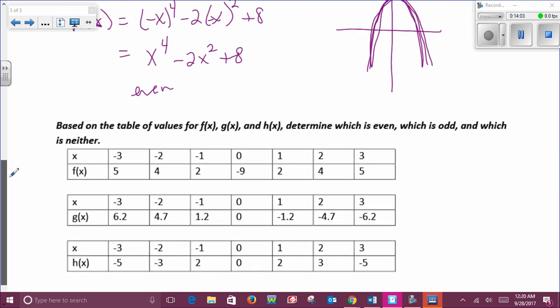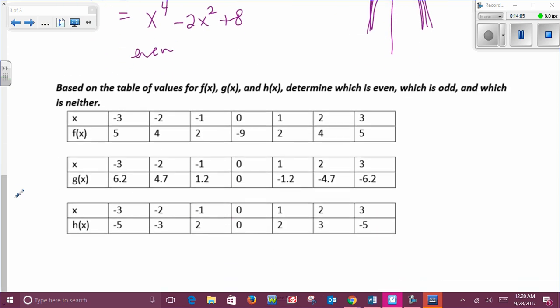So let's kind of take and look at the tables and see if we can figure out if they're even or odd. So for the very first one, negative 3, 5, negative 2, 4, negative 1, 2, 0, negative 9, 1, 2, 2, 4, and 3, 5. Notice all my y values are the same and they're repetitive, which means they're going to repeat.